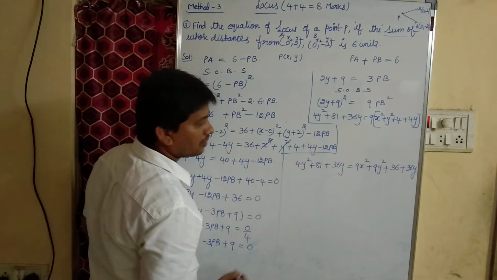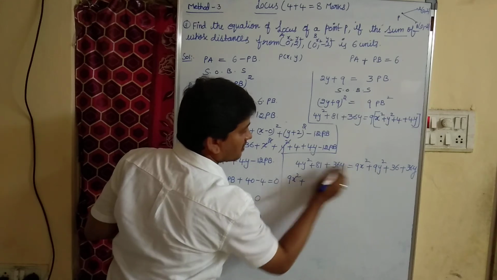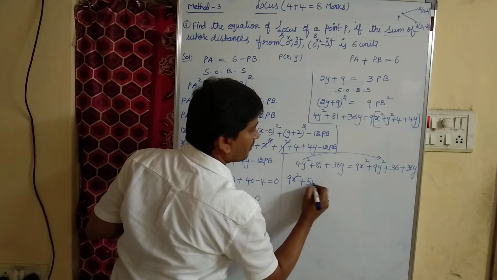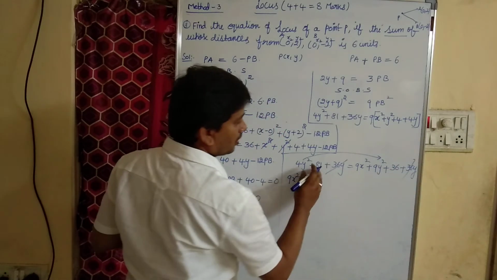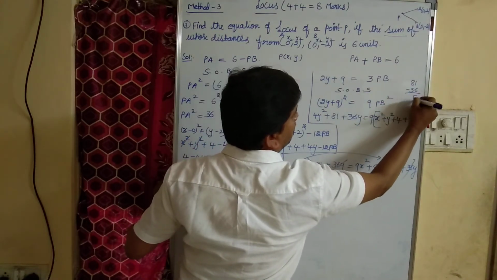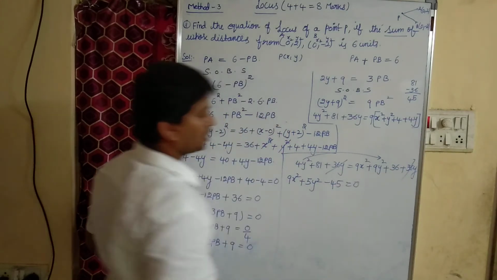Let us take all the terms towards the right hand side. 9x square, here 9y square is there, 4y square if you transpose, 9 minus 4 is 5y square. 36y cancels. Plus 81 transposed to that side becomes minus 81, which gives minus 45 equal to 0.